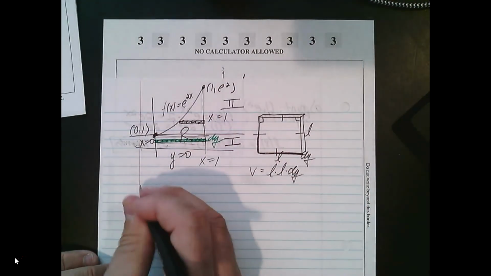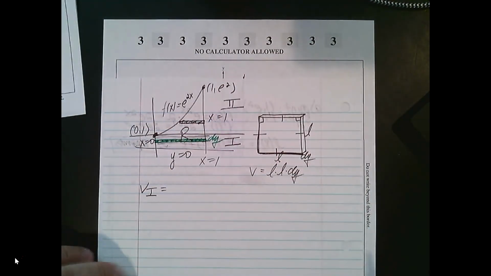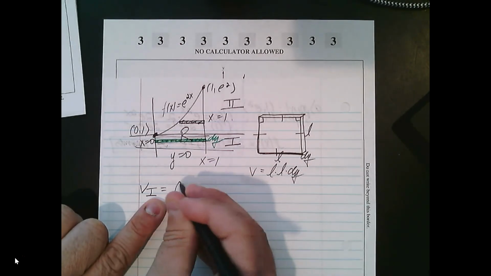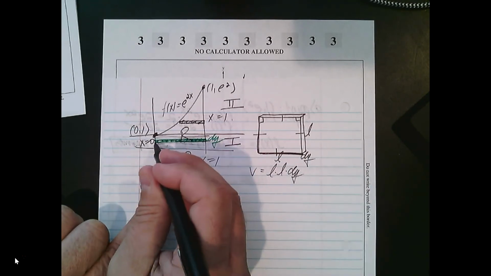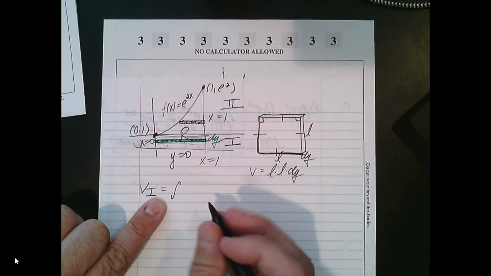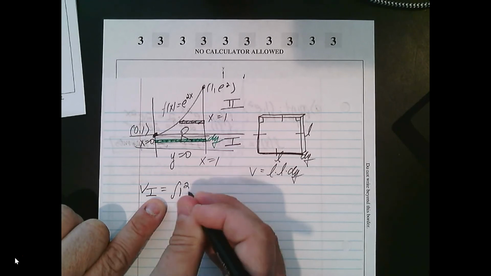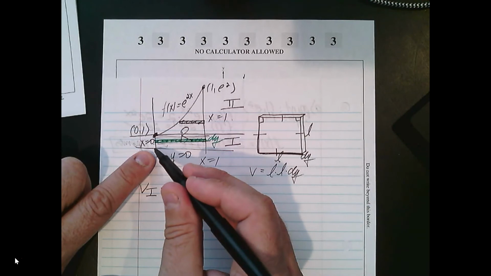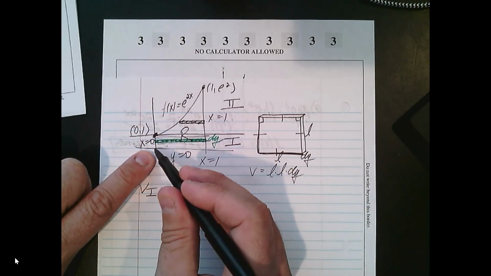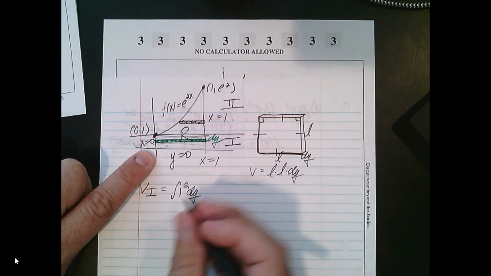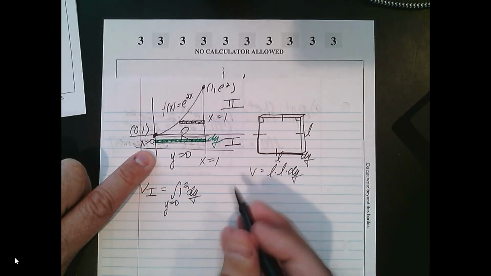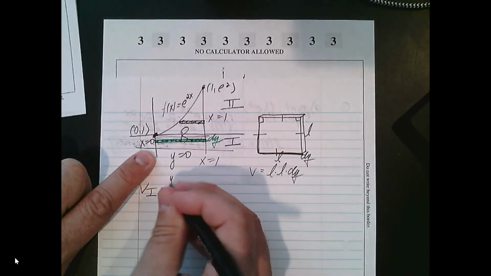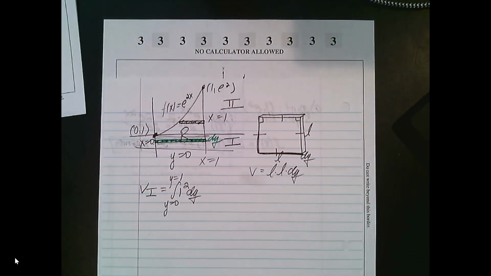Let's see, the volume for part 1, everything is in terms of y, is going to be an integral of L. How long is that from x equals 0 to x equals 1? 1 squared dy. I need to integrate with respect to y, so I need my y values here. We're integrating from the origin, y equals 0, up to the point 0, 1, so that's a y coordinate of 1.